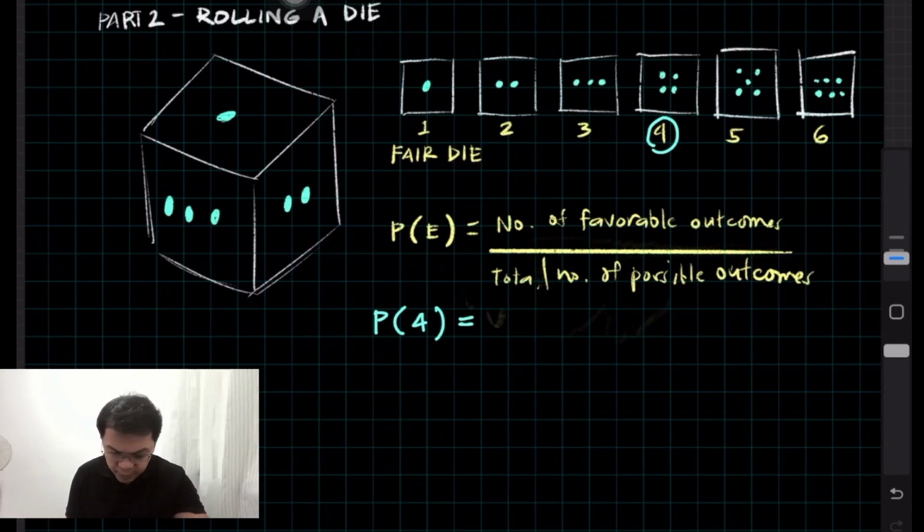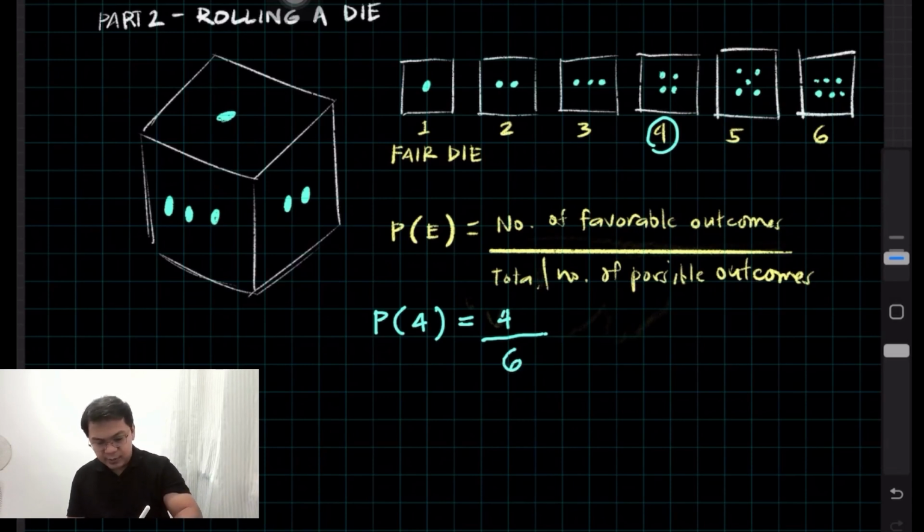The number of favorable outcomes is actually just 1, because there's only one 4 in this set of possible outcomes. So we write 1 over how many possible outcomes do we have in total? We have 6.